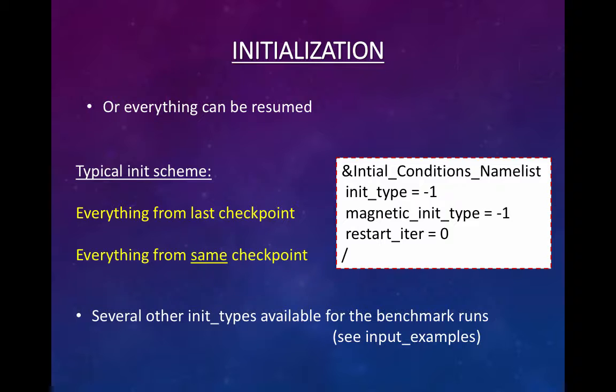They restart from the same checkpoint. You can't restart the magnetic and the hydro pieces from different checkpoint files. They'll always restart from the same checkpoint. There are several other init types which are reserved for the benchmarks. The best thing to do is to just see the input examples for the benchmark runs.